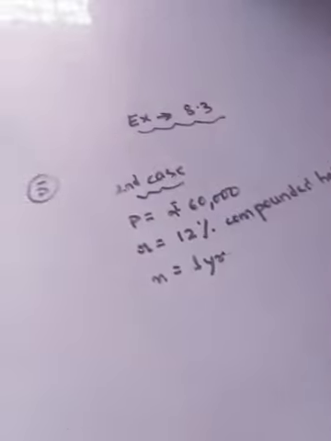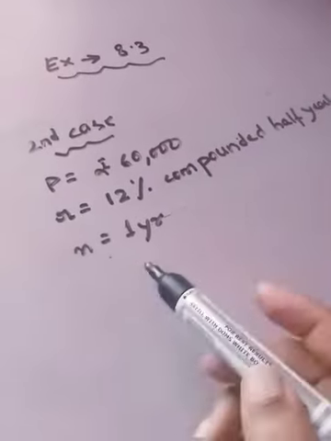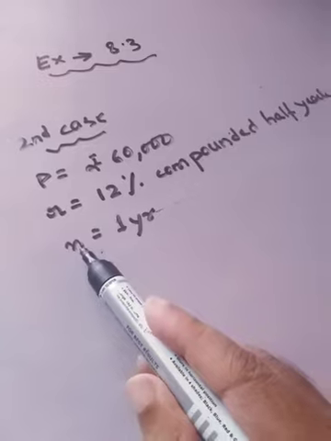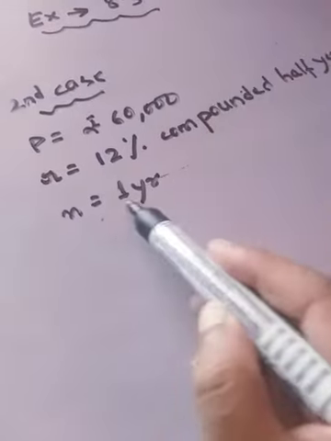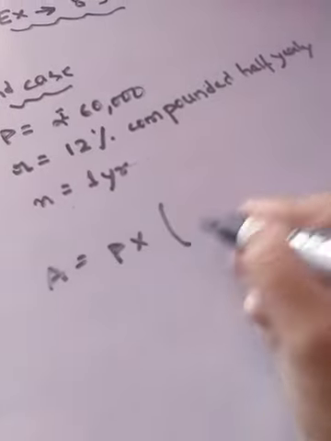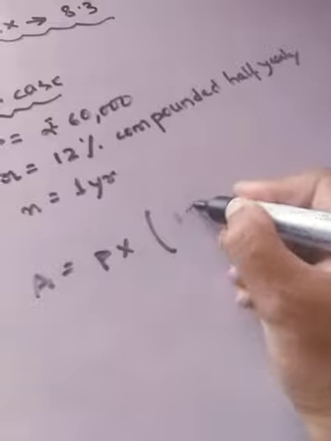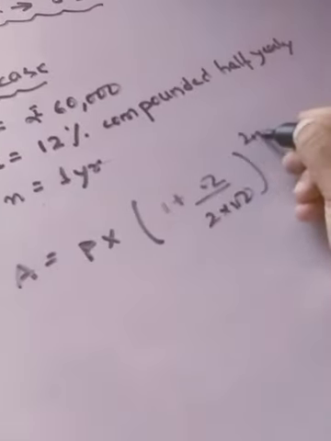Now let's move on to the second part of sum number 5. This is the second case of question number 5. Principal and rate are absolutely intact, but what they have changed is n. Previously it was 6 months, now it is 1 year. It is already in year form, so nothing to do about it. Let's write the formula again, the half yearly formula, R by 2 into 100 to the power 2n.